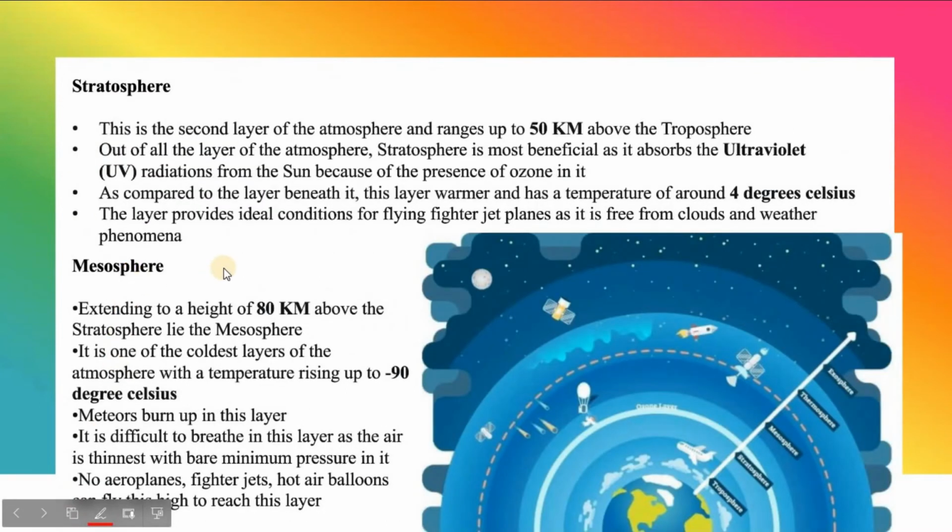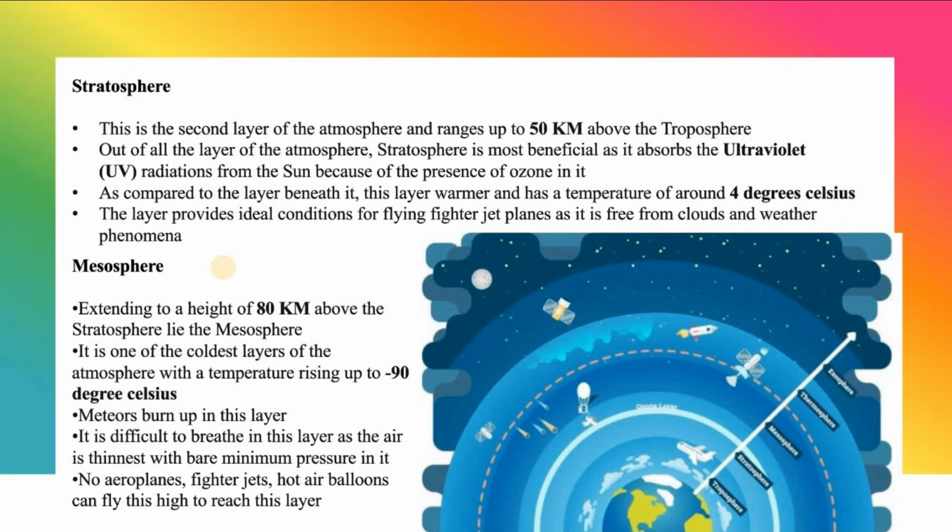Then next we discuss the mesosphere. Extending to a height of 80 kilometers above the stratosphere lies the mesosphere. It is one of the coldest layers of the atmosphere, with temperatures dropping to around minus 90 degrees Celsius. Meteors burn up in this layer.